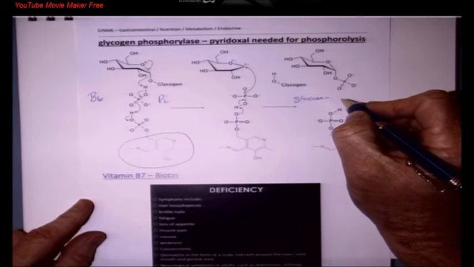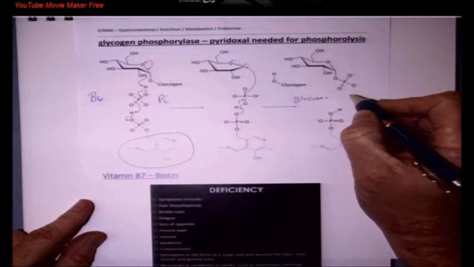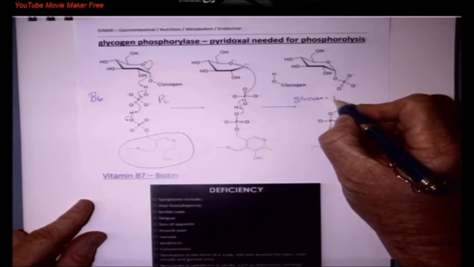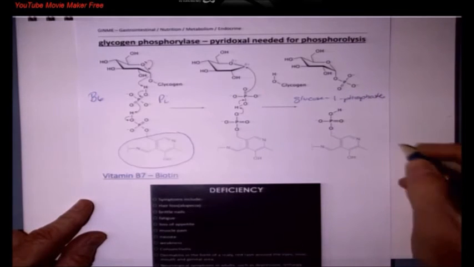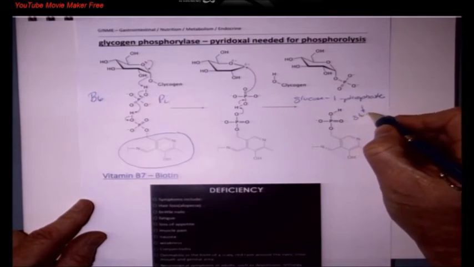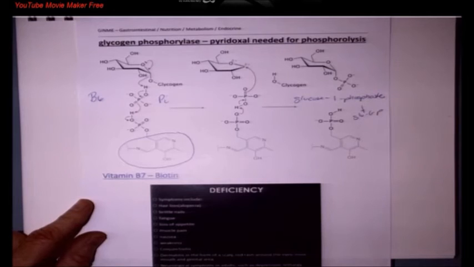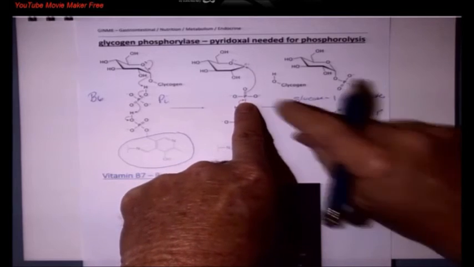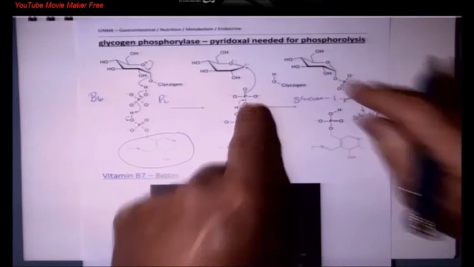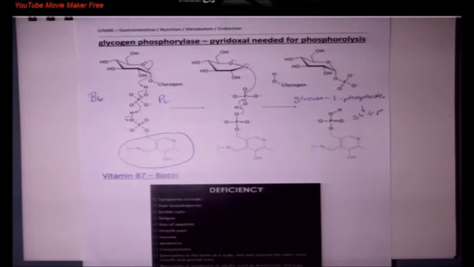Phosphorylysis leads to glucose 1-phosphate. And then, of course, this goes on to glucose 6-phosphate. But that phosphorylysis reaction is adding inorganic phosphate to cleave that glucose off in glycogen phosphorylase.